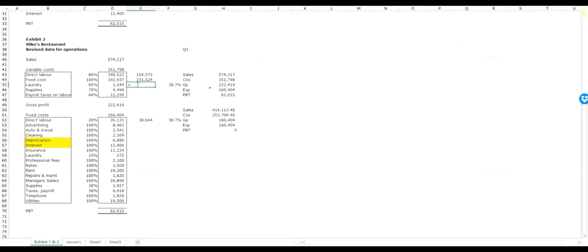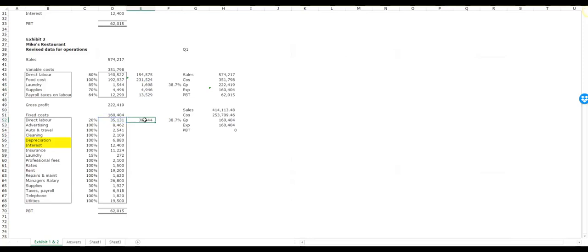Let's start here. We don't need to go and do every single one. Let's just do one of them, multiply by 1.1, and we can copy that, Control C, Control D, copy that down. Those have all gone up by 10%. This one here, we already did that calculation, that's gone up by 10%.